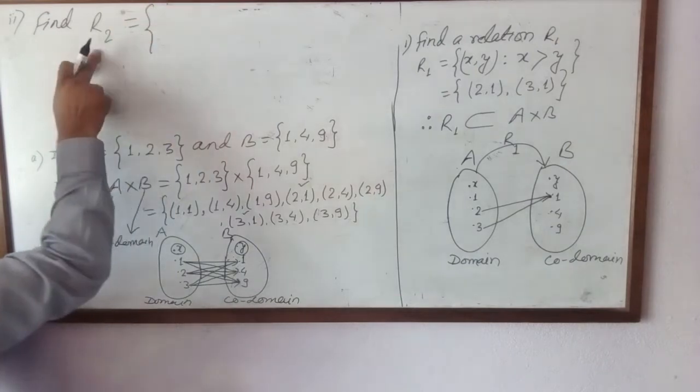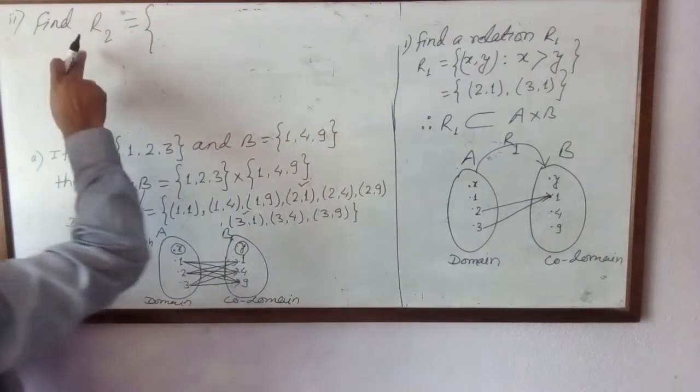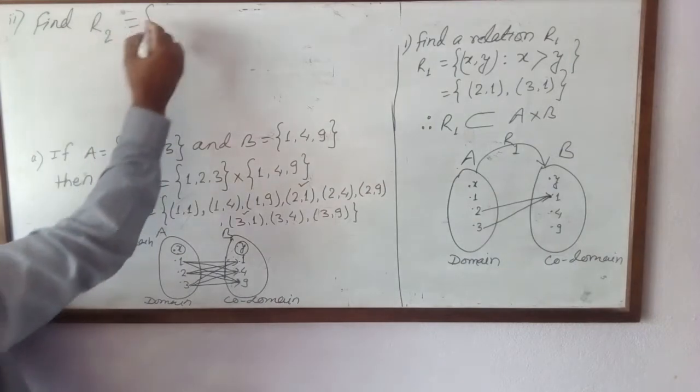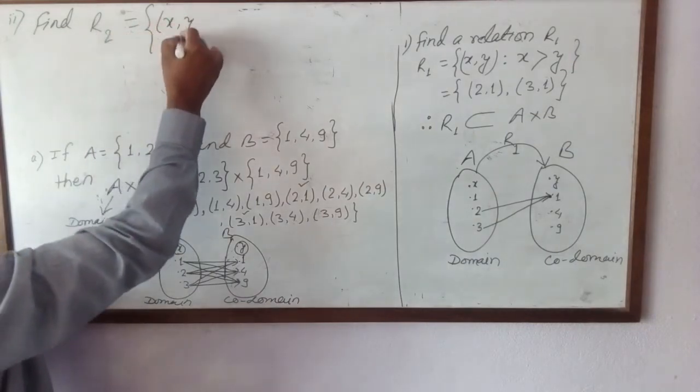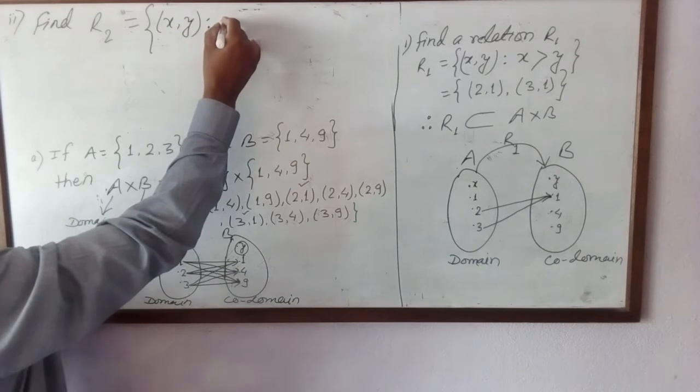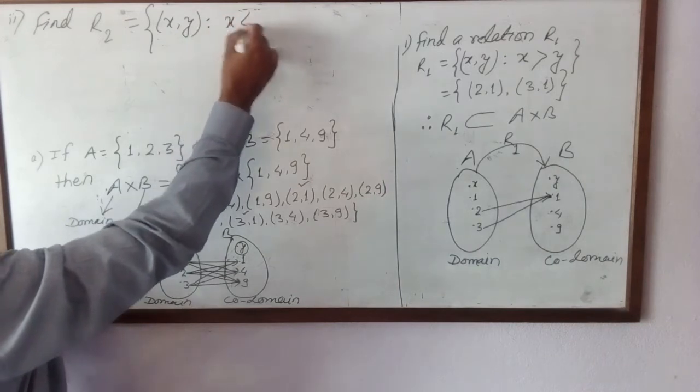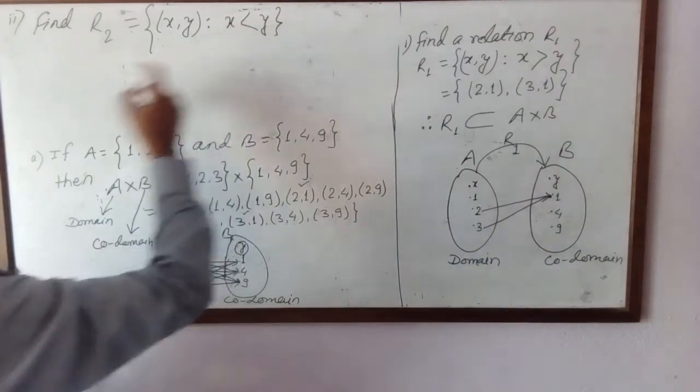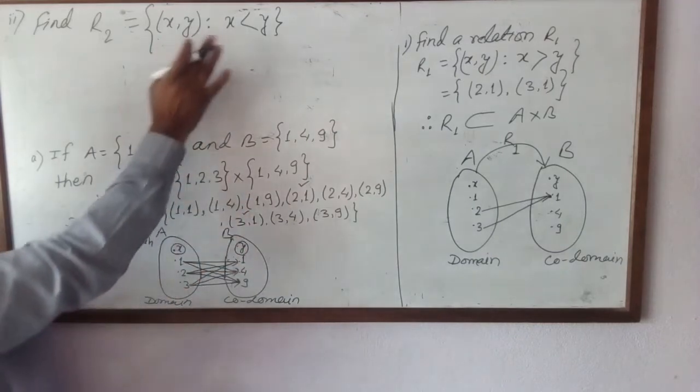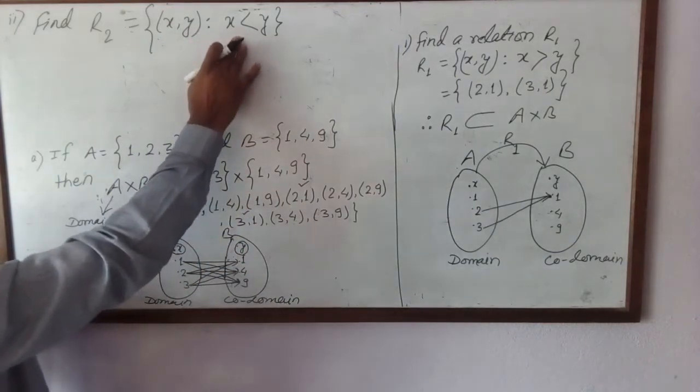It means relation. I have given R1 first. Now this one is: find relation R2, the set of ordered pairs X, Y such that X is less than Y. Now from this A cross B, again we have to find this relation.